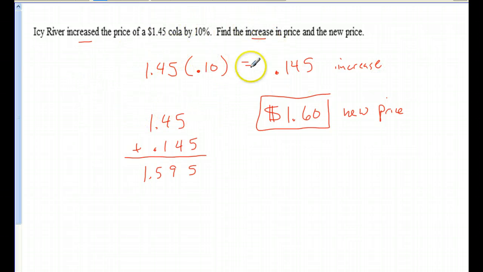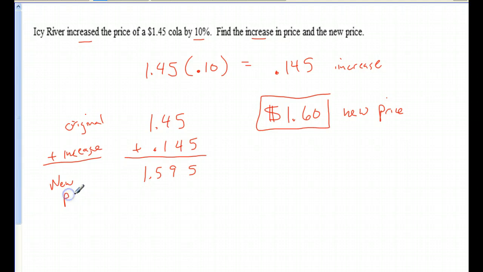The increase is how much it goes up by, and that 10% is based on the original amount, and then the new price is adding your increase to your original price. Original plus the increase is your new price. So that's what you're using to do this problem.